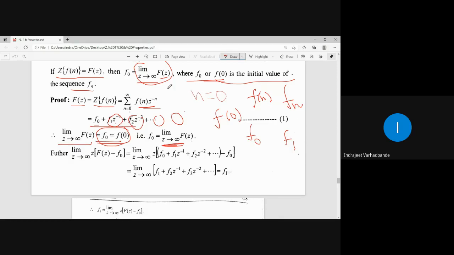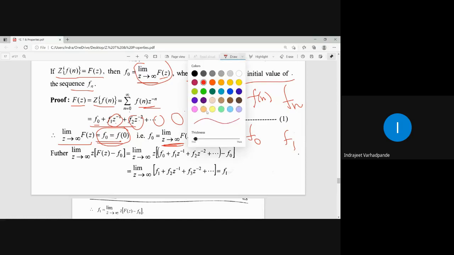Without knowing the sequence I can still find the value, which is nothing but the initial value. Here the sequence is not known, but from the given z transform I can find its initial value. So accordingly we will get the answer.